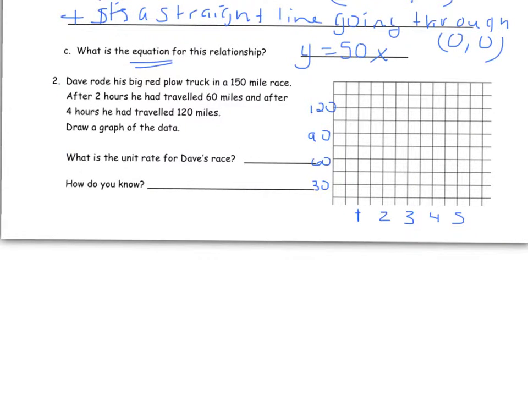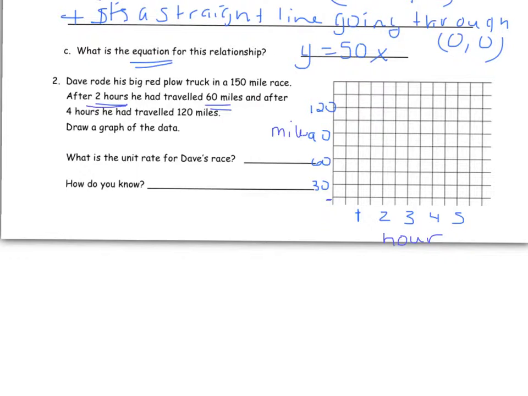All right, for some of you, your graph might be correct, but it might be a little bit different because you numbered differently. I numbered this axis, the hours, by ones, but I skipped lines. I numbered my y-axis, the miles, by 15: 15, 30, 45, 60, etc., so I could meet all of the requirements because I needed to graph at 2 hours, 60 miles.